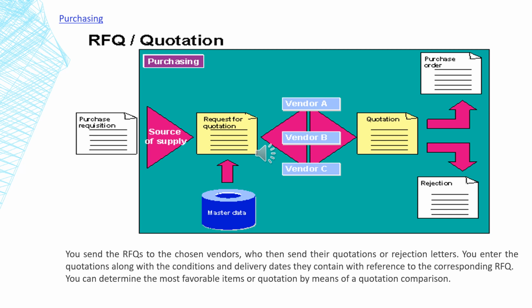So you send the RFQ to the chosen vendor, who then sends their quotation or rejection letter based on your offer. You enter that quotation along with the conditions, delivery date and other terms and conditions they contain, with reference to the corresponding RFQ. You can determine the most favorable item or quotation by means of a comparison.